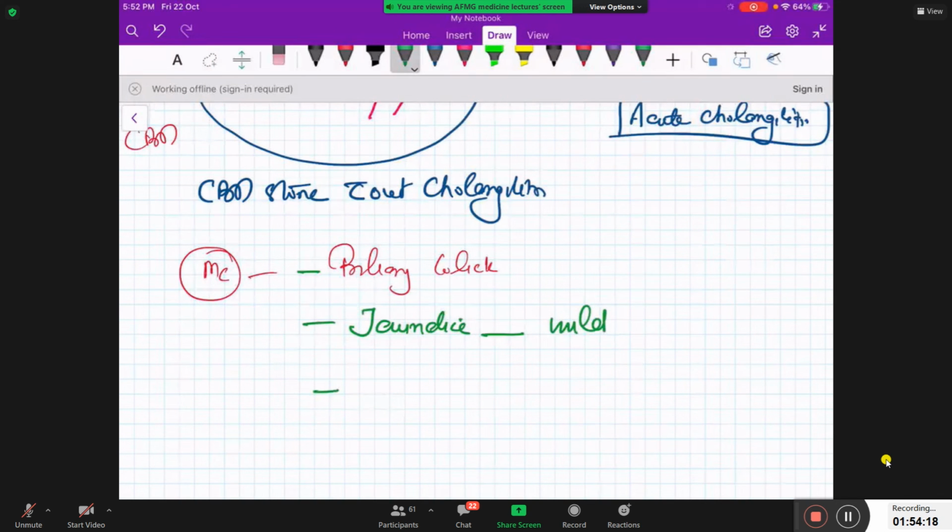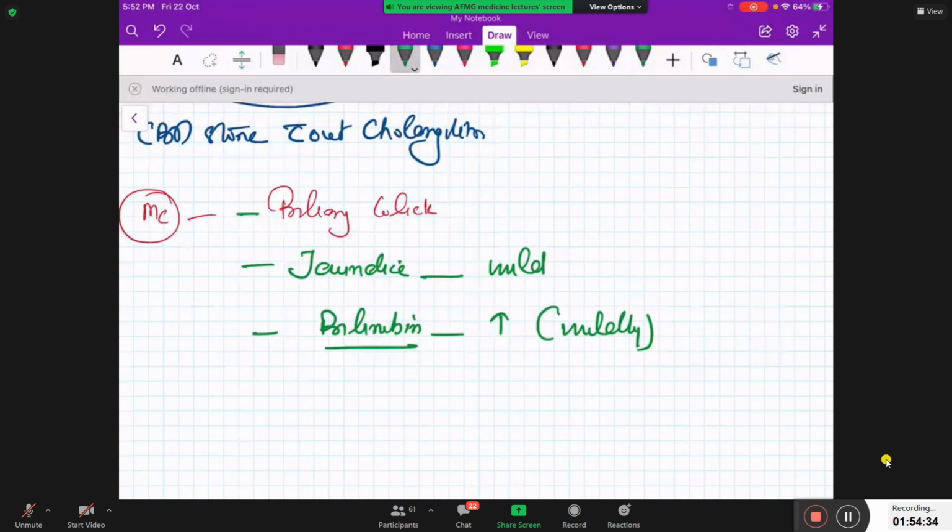Again, the bilirubin of this patient will be raised, but mildly raised. Agreed? Not grossly raised, because there is a passage to the bile, not a complete obstruction. Agreed?